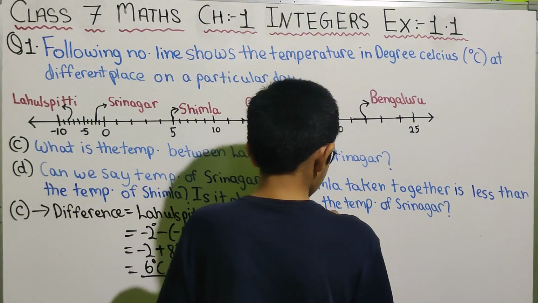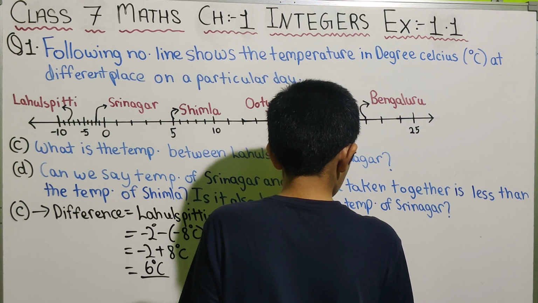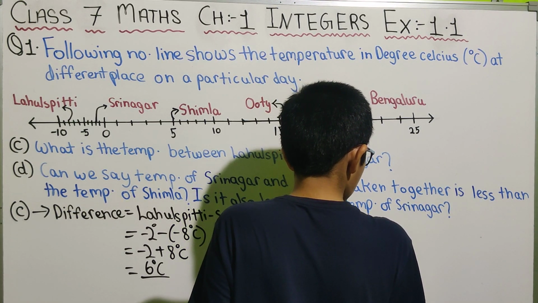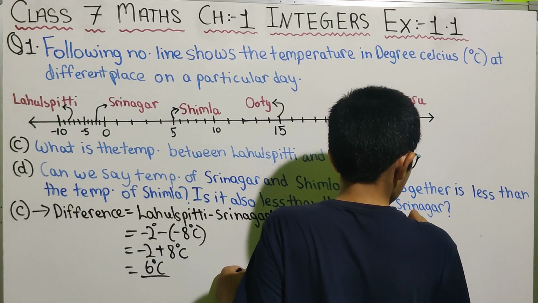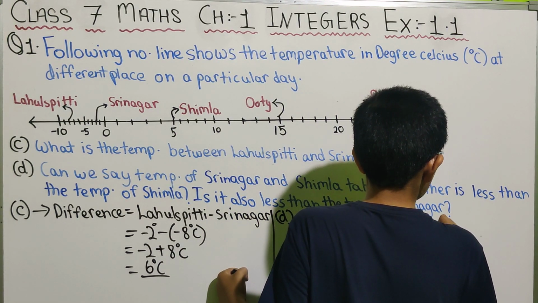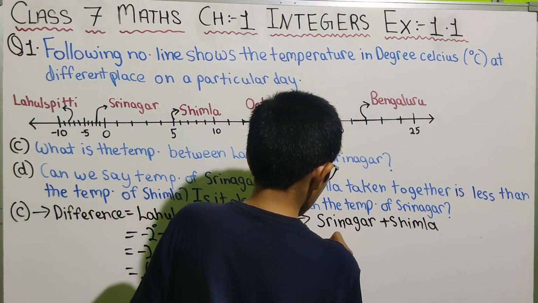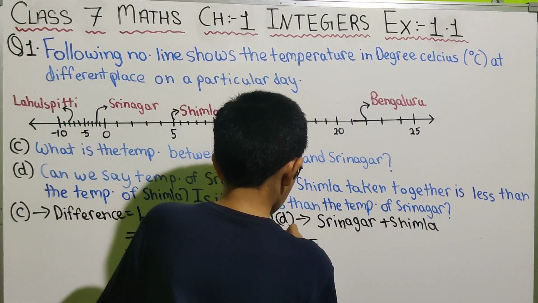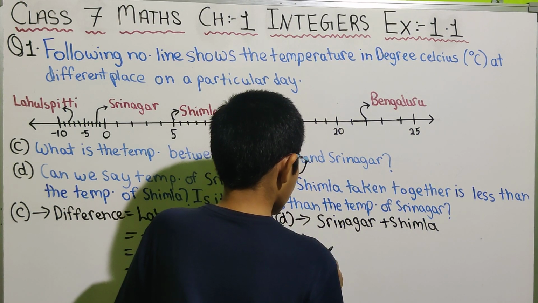So here let's find. For Srinagar and Shimla we are adding: Srinagar plus Shimla. Srinagar plus Shimla we are doing. Here we will write Shimla because when we are doing this, is it less than the temperature of Shimla?